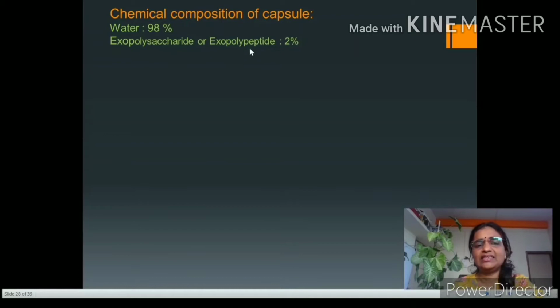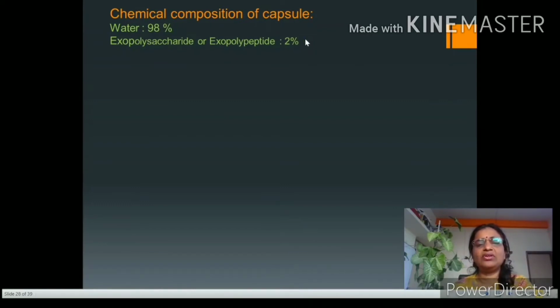Either polysaccharides or polypeptides are present. As I told you, the capsule is a part outside the cell wall, because of that these polysaccharides and polypeptides are called exopolysaccharides and exopolypeptides. So that is the simple composition of the capsule. Because of these polysaccharides, polypeptides and water, capsules are said to be non-ionic.